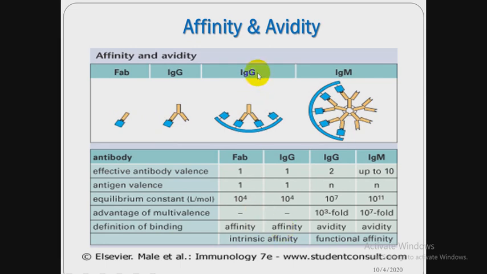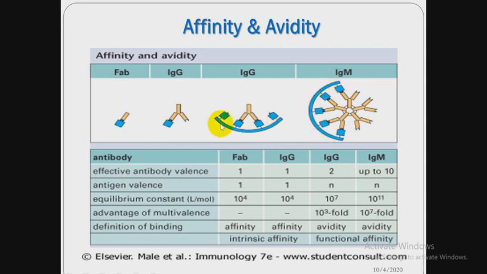But in the third and fourth column, we have IgG and IgM, a monomer and a pentamer antibody. And also we have a multivalent or polyvalent antigen.